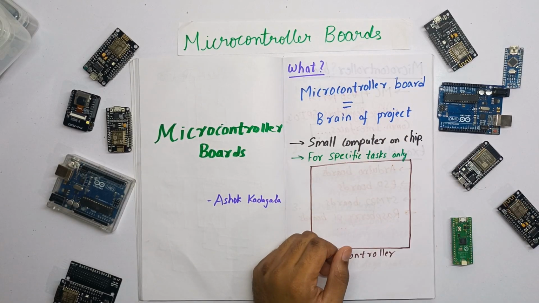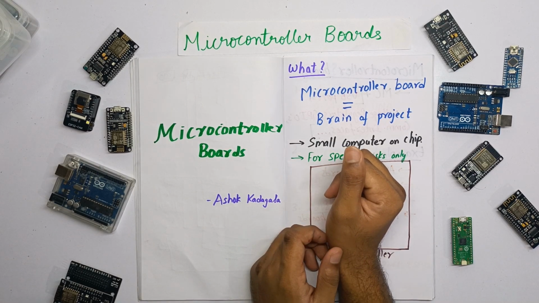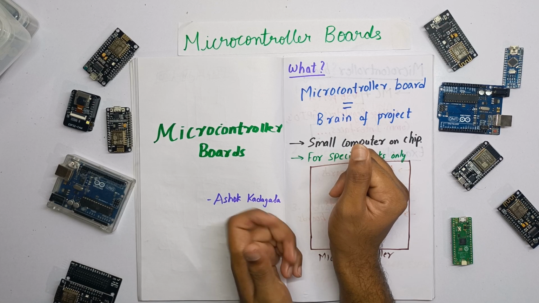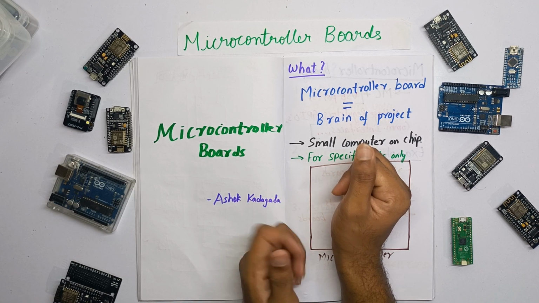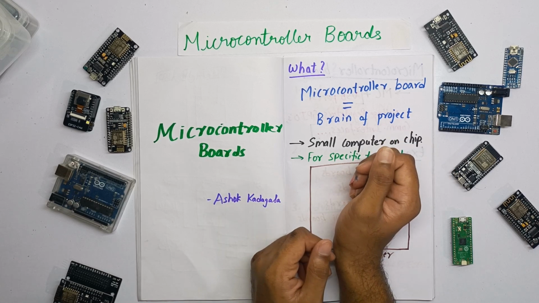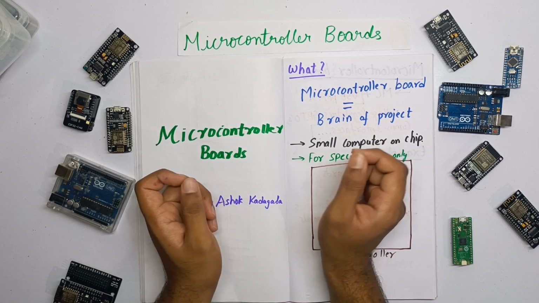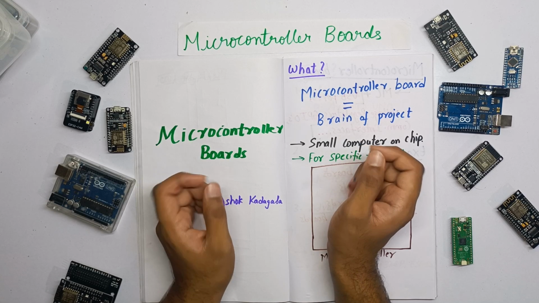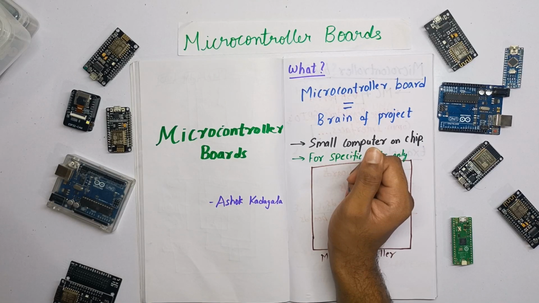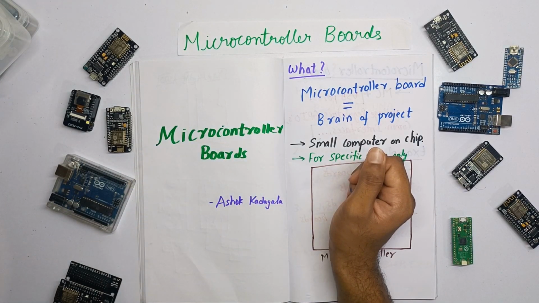In this class, we are going to learn about microcontroller boards. Did you ever wonder how devices like cameras, washing machines, air conditioners, and even smartwatches work? Well, there is a common device in each of them which is called a microcontroller. You can consider a microcontroller as a small computer on that particular device.